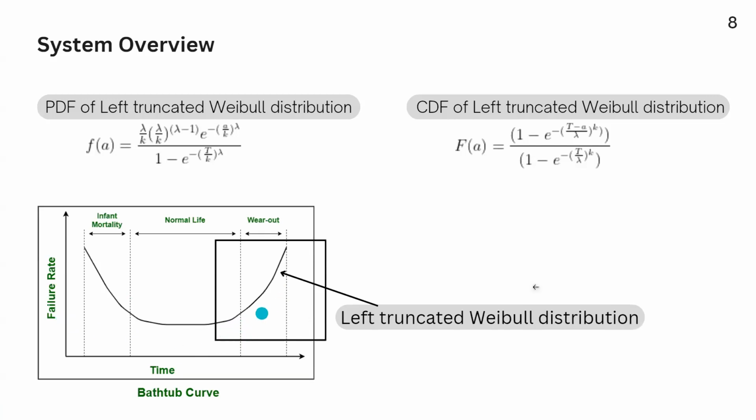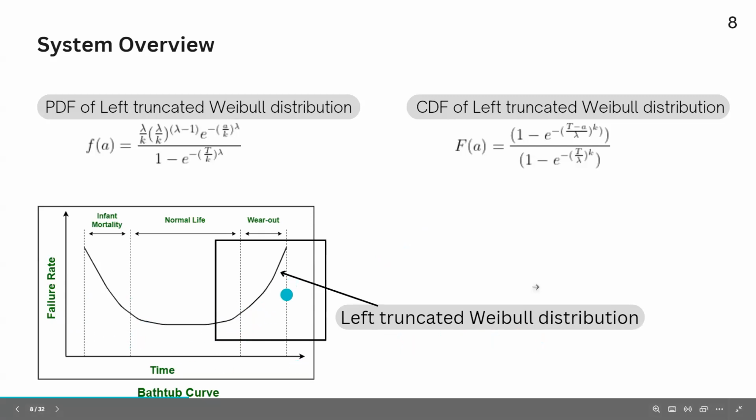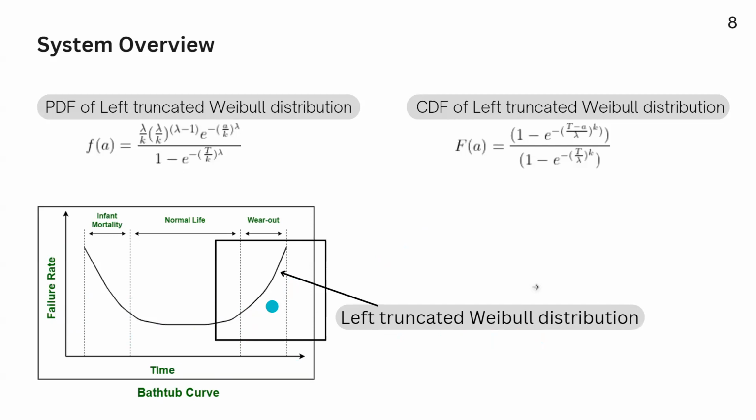Not only the Weibull distribution, I need to combine it with different components or different variations of the Weibull distribution to find the best curve that can predict the failure time of a sensor. So I used a curve called the bathtub curve. This curve looks like a bathtub.